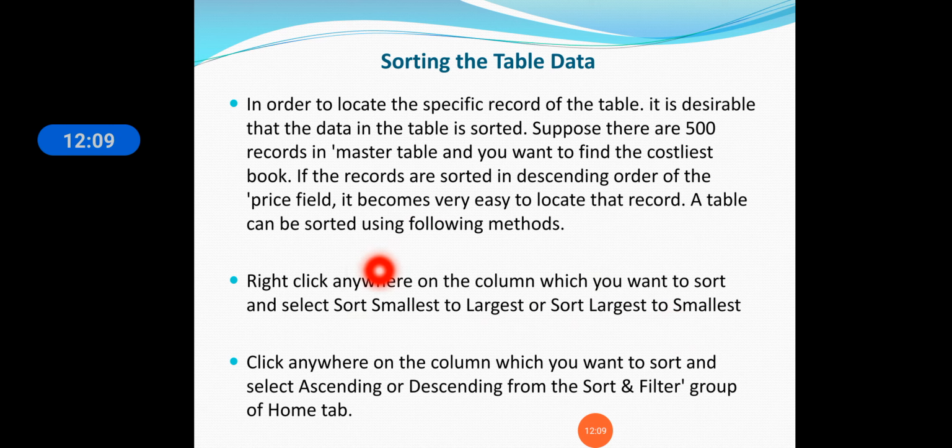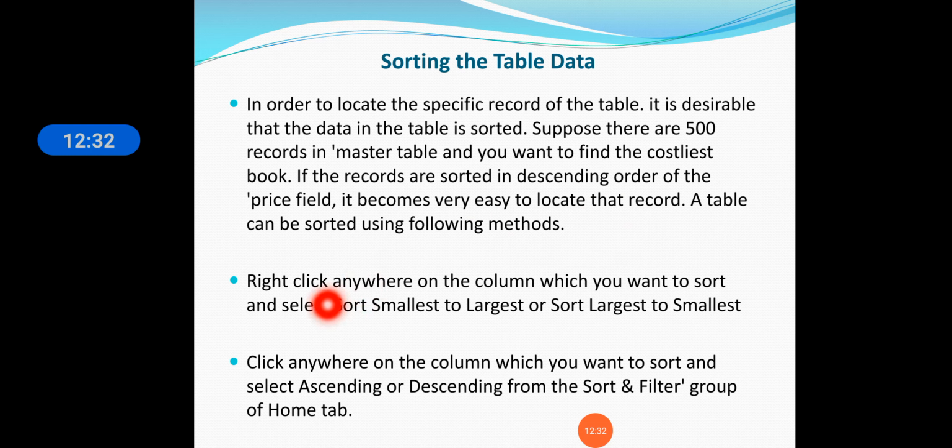Now students, we have seen this in the live class. If there are 500 records of books and some books are costlier, we want to see which book is costliest, so we can sort it by ascending or descending order.